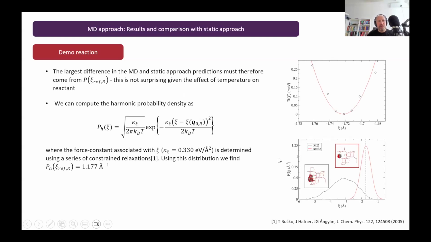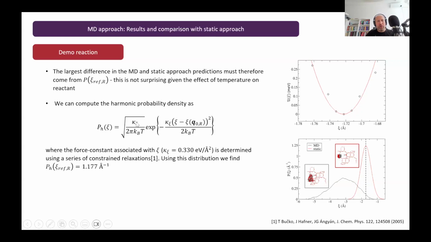It's negligible. That also means that the main contribution to the difference between the two approaches must come from the probability density, which should not be surprising in light of the discussion we had when talking about probability densities, right? But now let's try to quantify this effect. For that, we can use the analytical expression for the harmonic probability density.